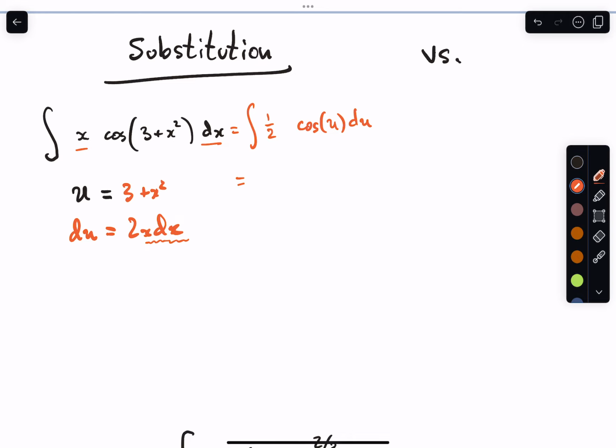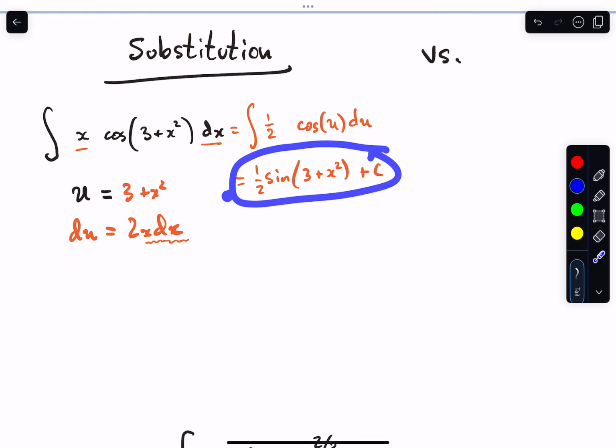Okay, the antiderivative of cosine is sine, so I'll have my 1/2, and then I'll go from u back to x, sine of 3 plus x squared plus c. And we can check that, because if you differentiate this expression, you'd use the chain rule and get back here.